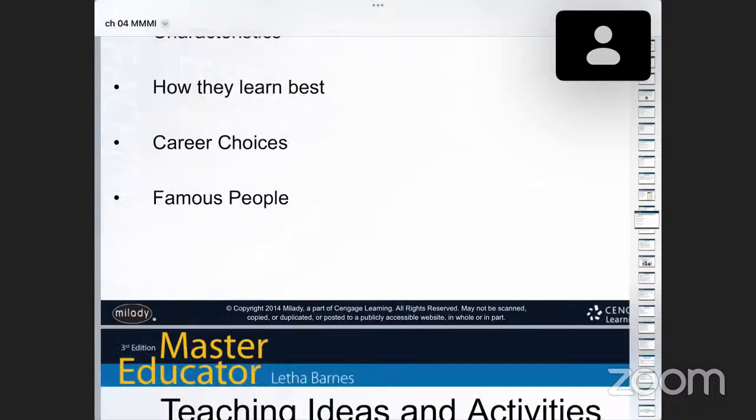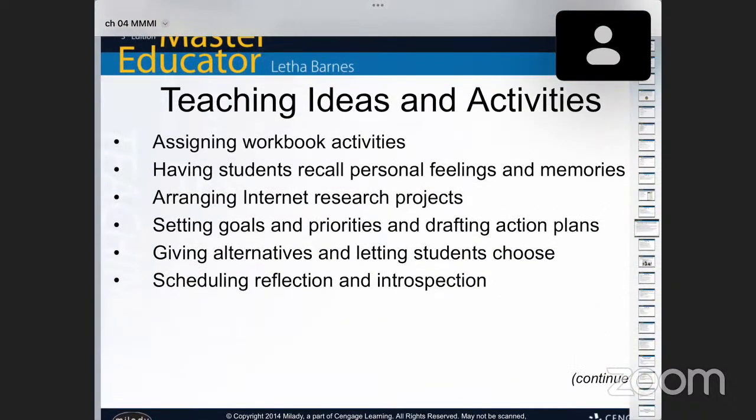Interpersonal: assigning workbook activities, having students recall personal feelings, or how they feel about that. Tell me about that. Arranging internet research projects, which may mean a group of 3. What do you do first?